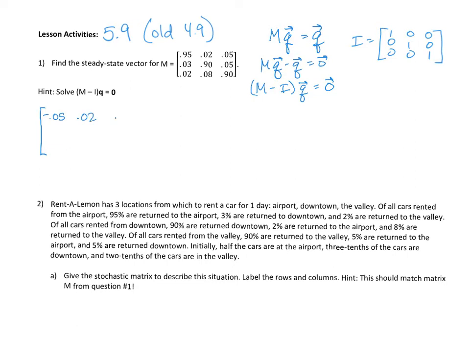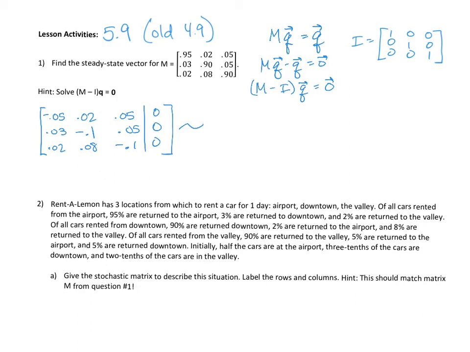They don't change because I'm subtracting 0. And then 0.03. Okay, 0.9 minus 1 is negative 0.1. And then again, 0.9 minus 1 is negative 0.1. And I'm going to augment with 0, 0, 0 so I can solve.